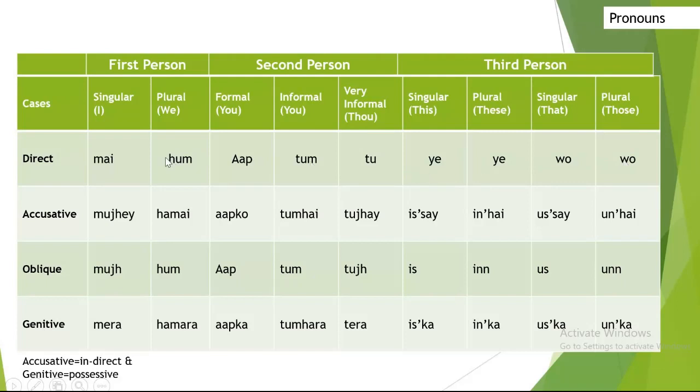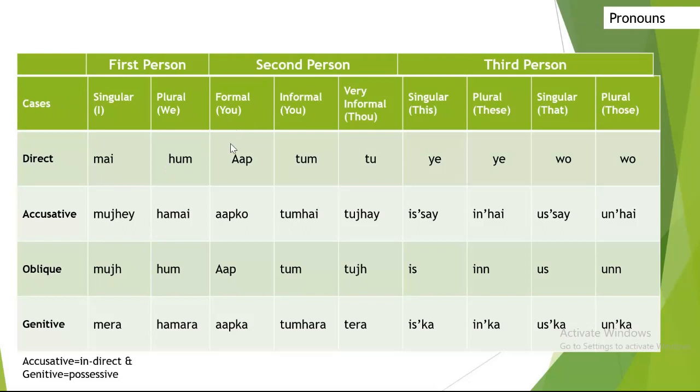Let's take more examples of this case. Let's say I am going to school. In the first person singular, मैं school जा रहा हूँ. First person plural would be हम school जा रहे हैं.